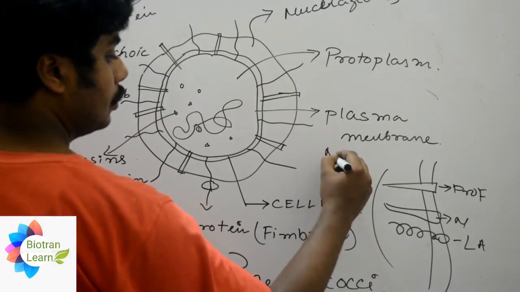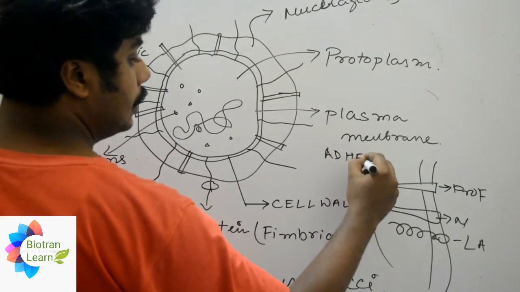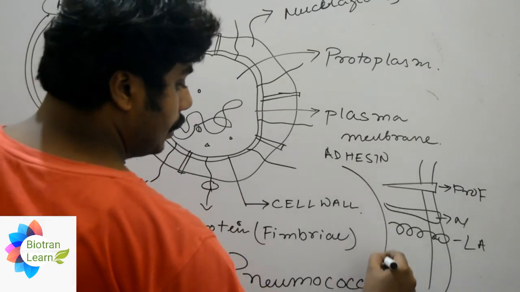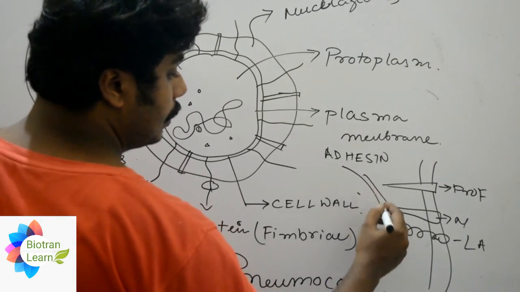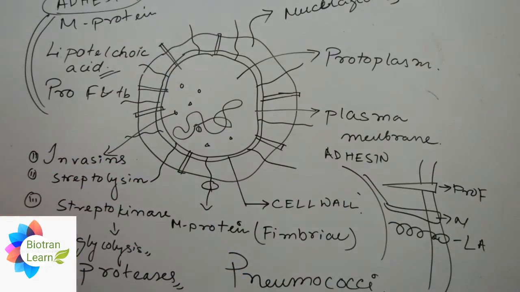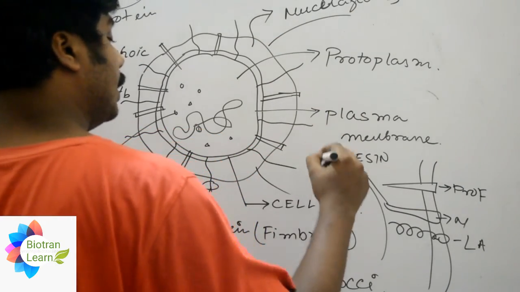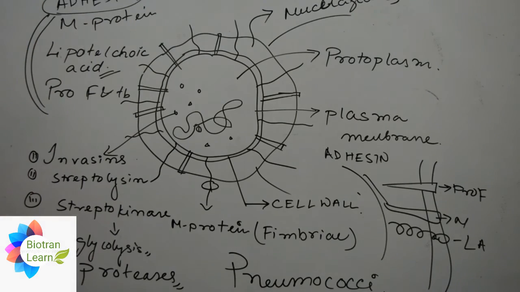All these will form the adhesin that will help to adhere that particular pneumococci to a particular host cell. They will go and bind to a host cell and help to adhere to its own body. So that's all about the pneumococci.